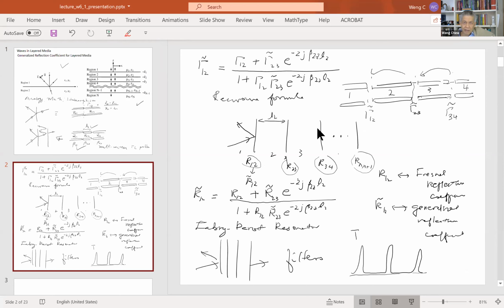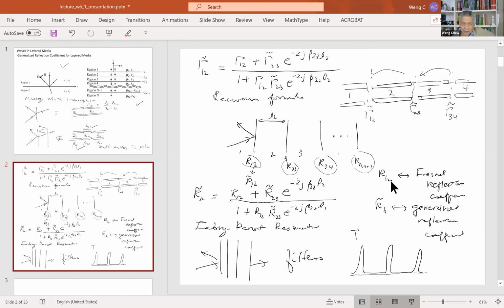Then you can apply this mathematical homomorphism to arrive at a similar formula for plane wave reflection in the layered medium. The reflection from the first interface is homomorphic to the reflection from the multi-section transmission line. Hence you can use this formula to calculate the reflection coefficient from any layered medium.